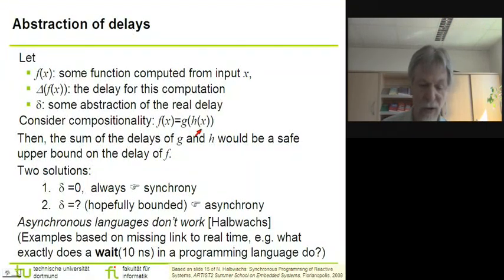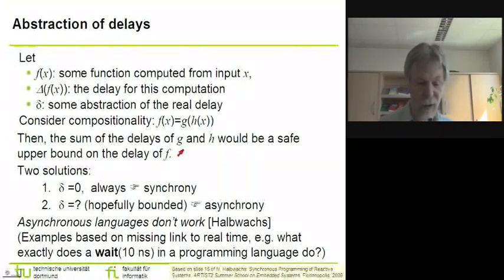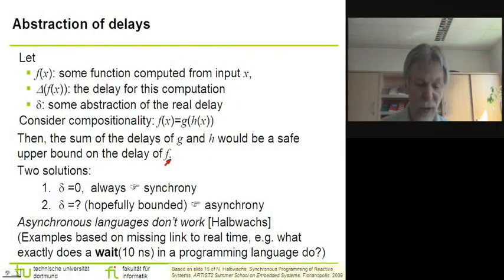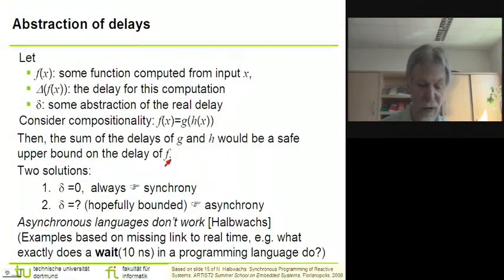If we are connecting systems that are computing functions h and g and j, we would then be concerned with figuring out what the delay for such a computation might be. And we know that the sum of the delays of j and h would be a safe upper bound on the delay of f.